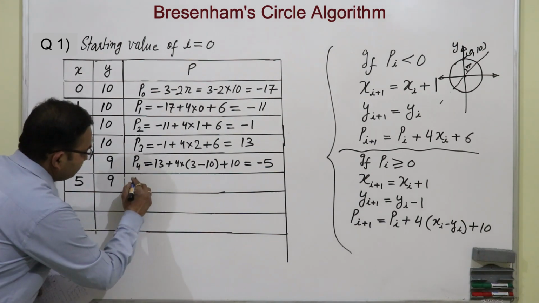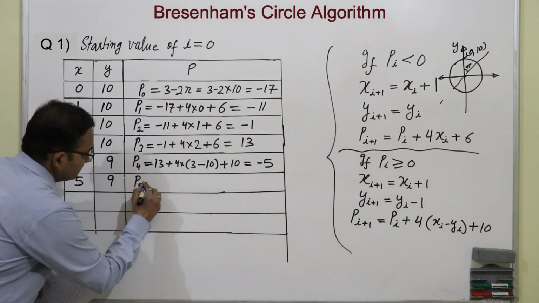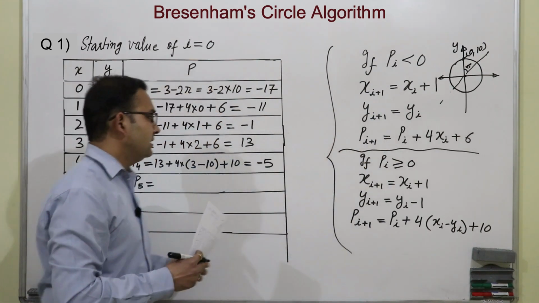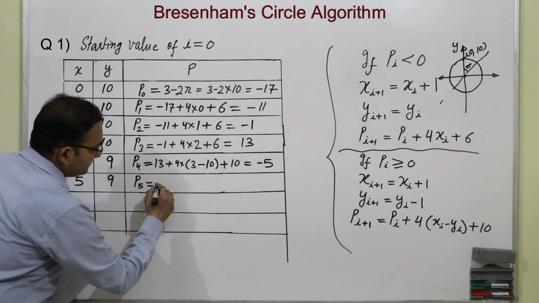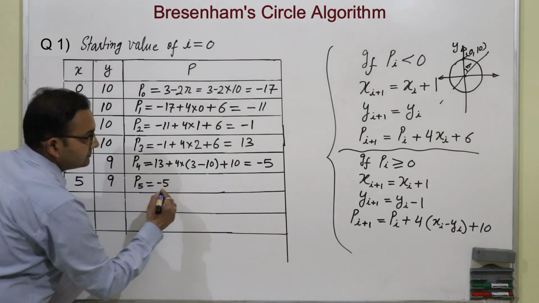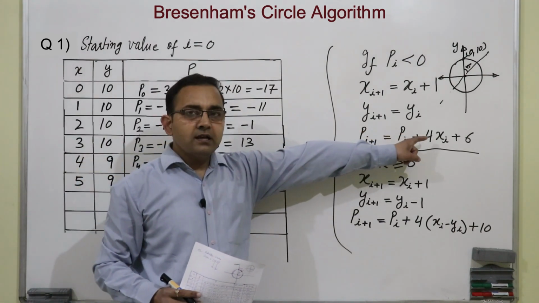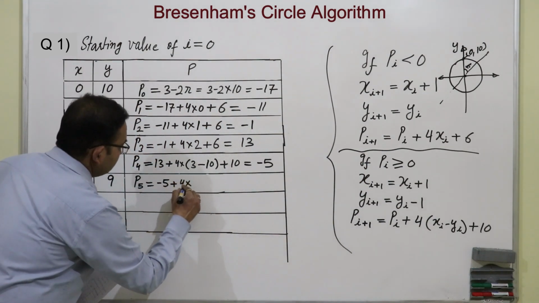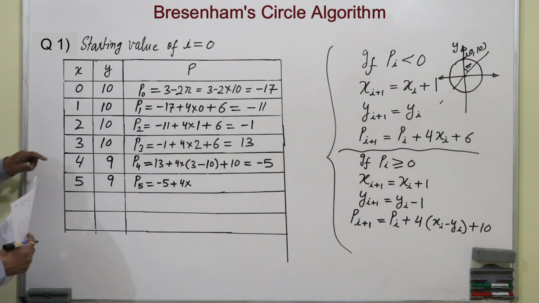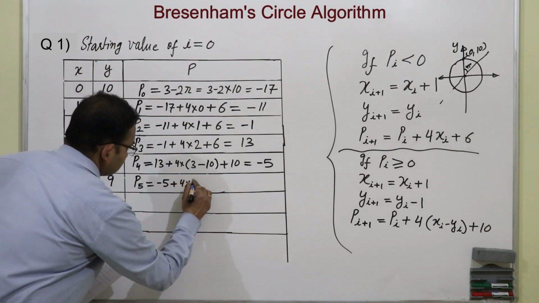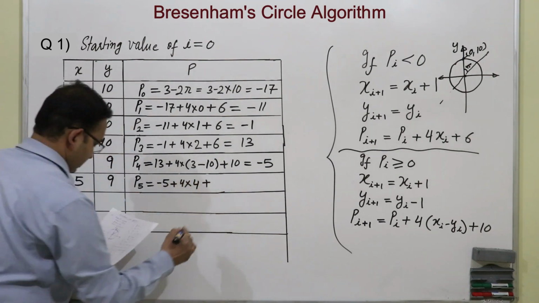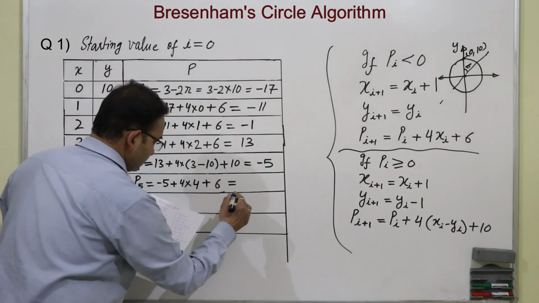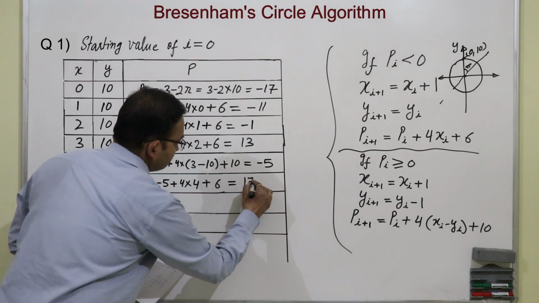Then P5 equals Pi, which is minus 5, plus 4 xi, 4 into xi which is 4, plus 6, equal to 17.